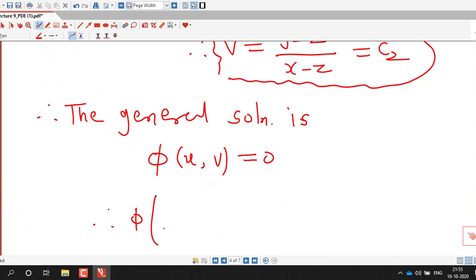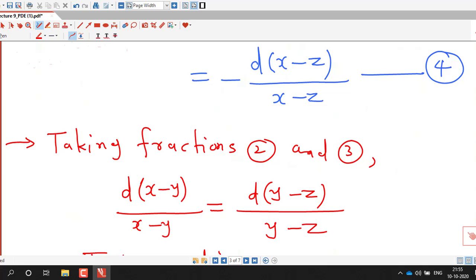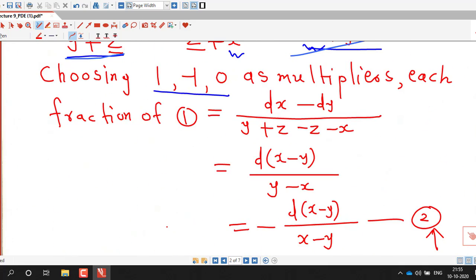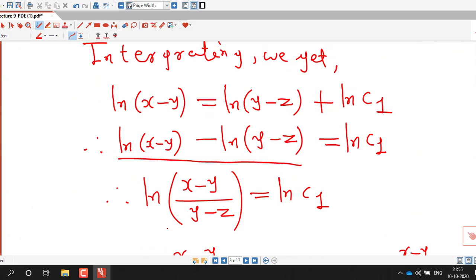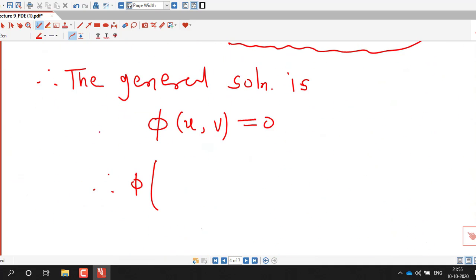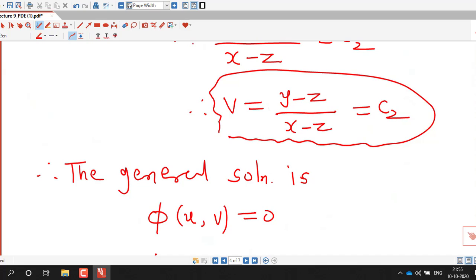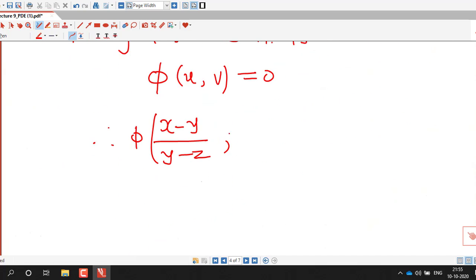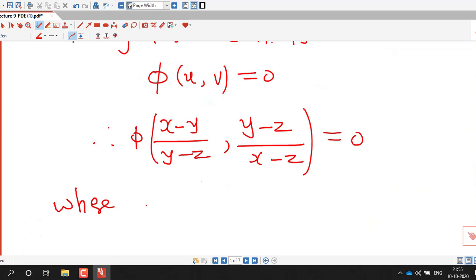So therefore phi of u, v, where we have obtained u equal to x minus y divided by y minus z, and v is y minus z divided by x minus z, equal to 0, where phi is an arbitrary function.